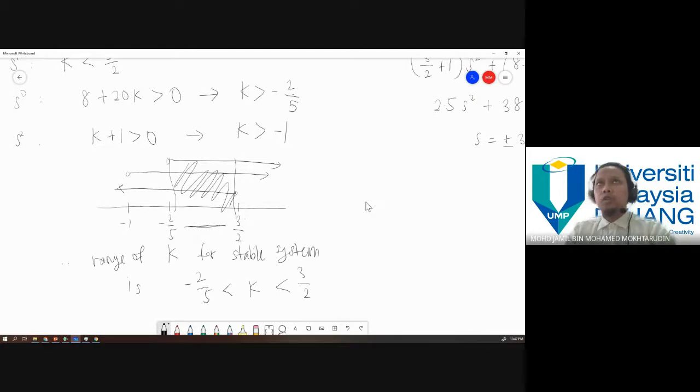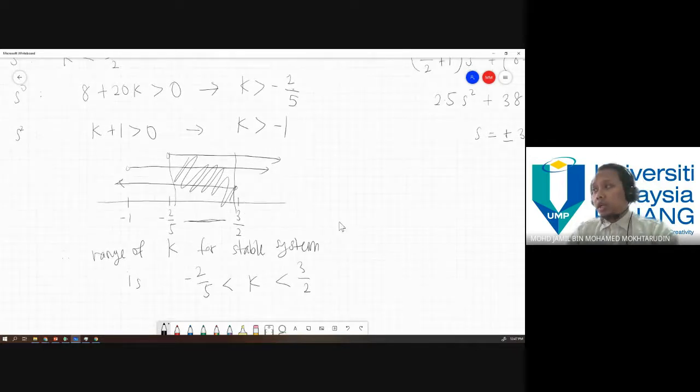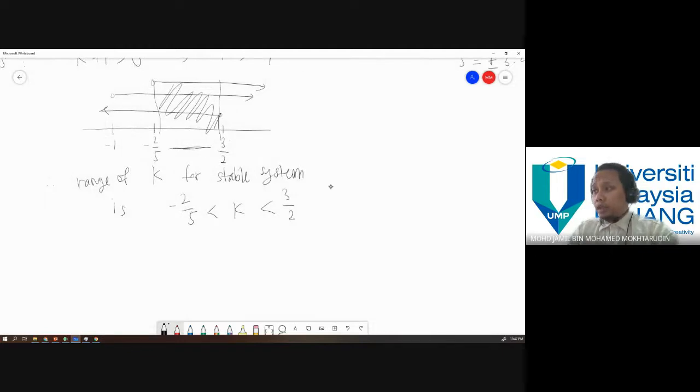But most of the time we don't take K equals 0. We don't take negative K, okay, negative value of K. So sometimes in books, they will just take this range, okay?